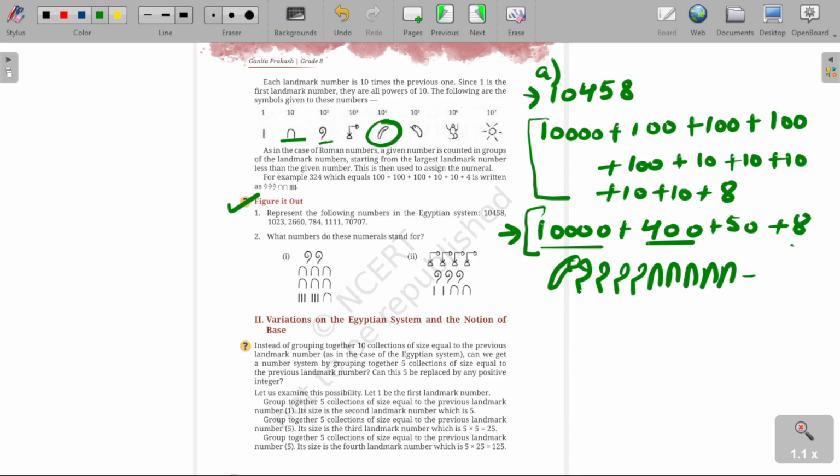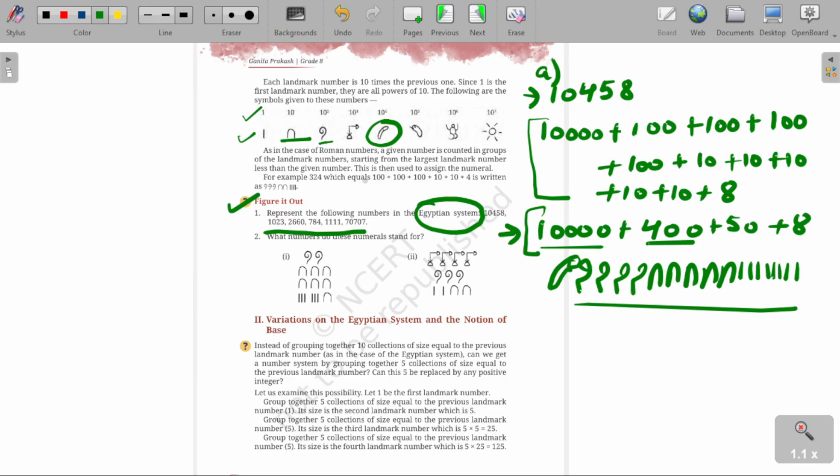And lastly, 8 will be 1, 2, 3, 4, 5, 6, 7, 8. So this is the symbolic answer of this question. This is called the Egyptian system. Fine. Try other questions on your own. The symbols are here and you need to express them in the powers of 10.